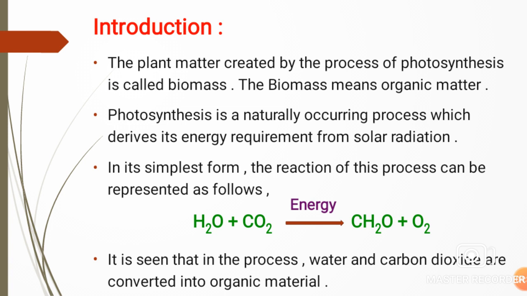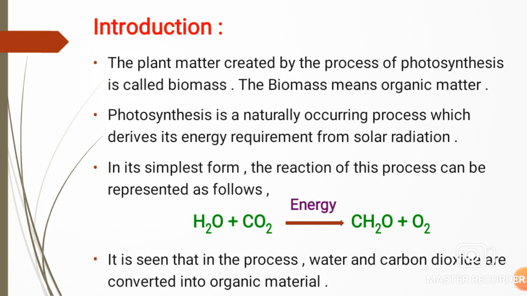Photosynthesis is a naturally occurring process which derives its energy requirement from solar radiation. We know that plants synthesize their own food, and this process takes place with the help of solar radiation, and photosynthesis is a natural process. In its simplest form, the reaction of this process can be represented as follows.